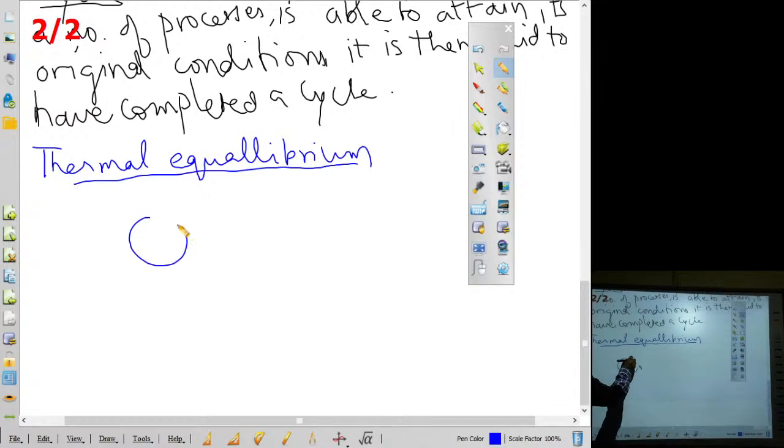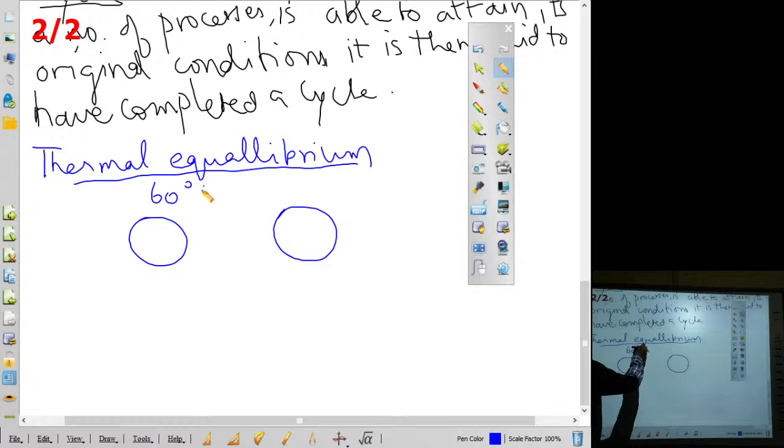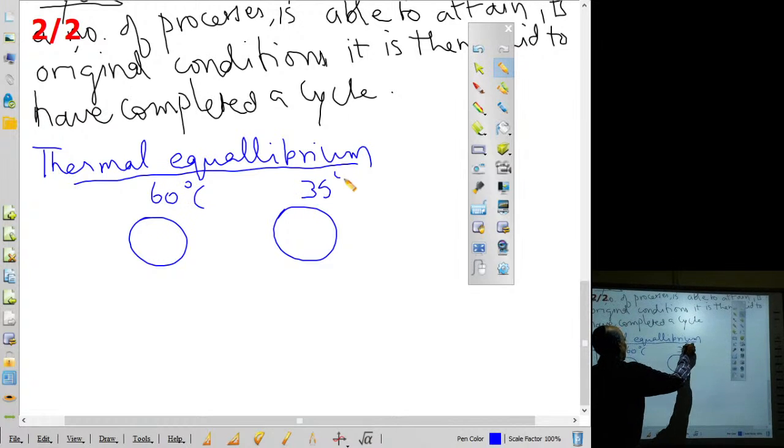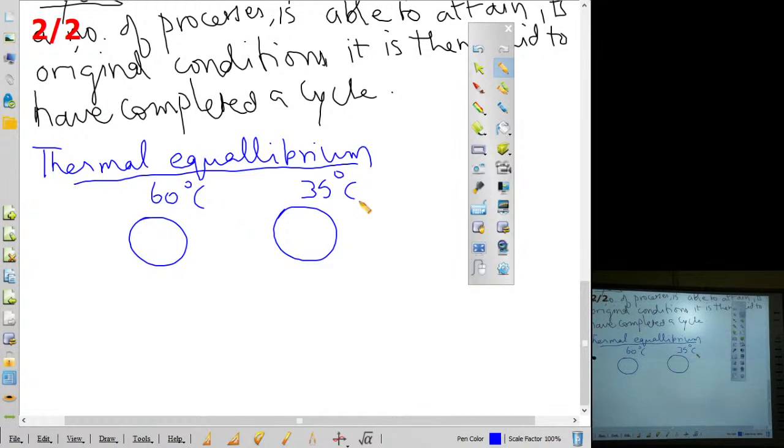Let us take one body, and let us take another body. This body has a higher temperature, for example, say it is at 60 degrees, and that other body is, say, at 35 degrees centigrade.